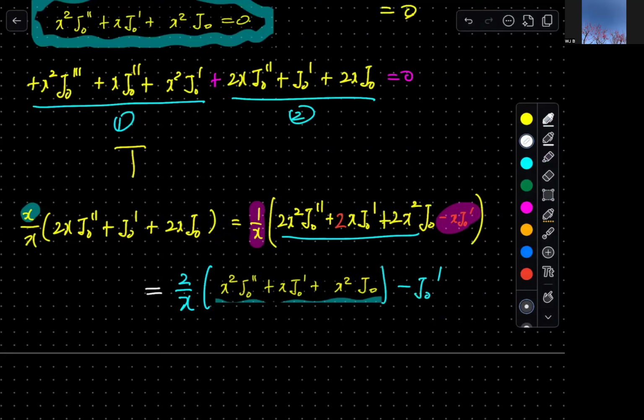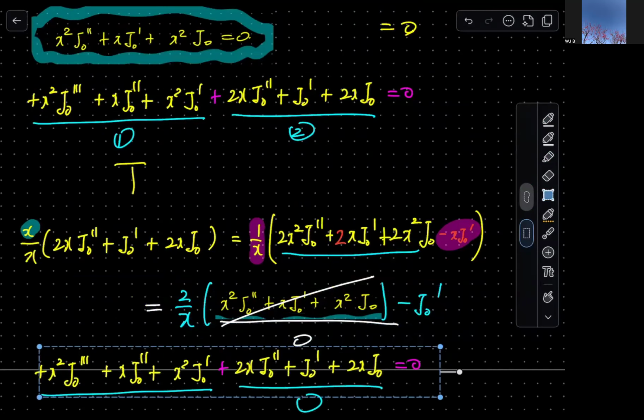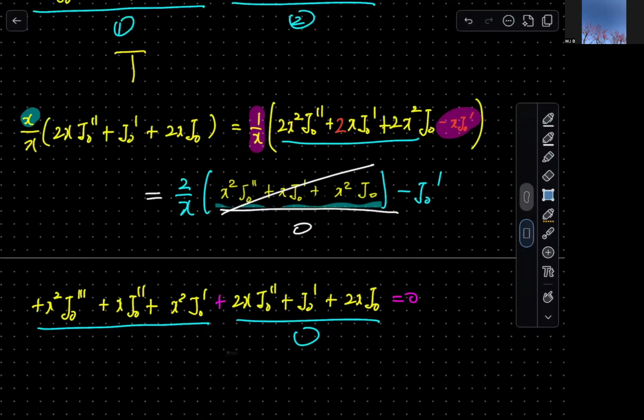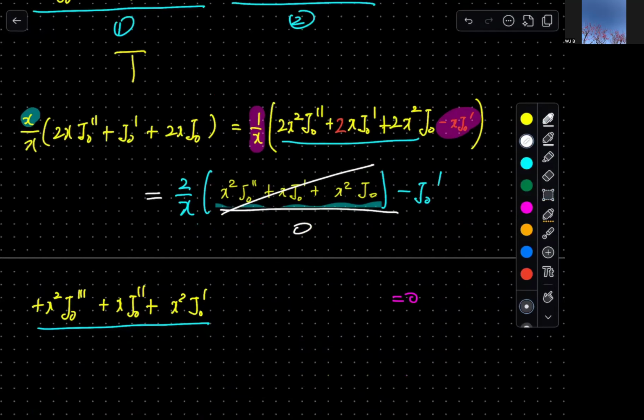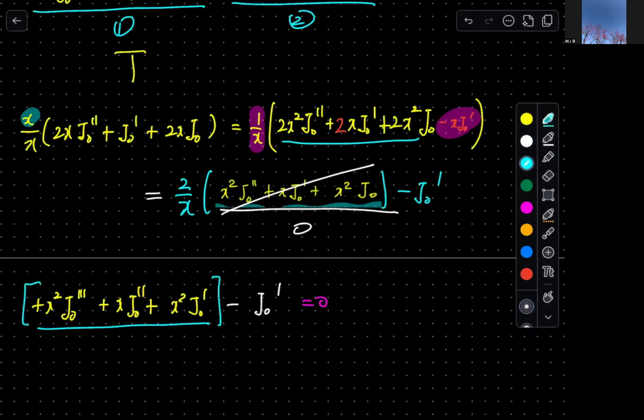Well, because of the given identity, the first 3 here will actually become 0. And I'm very happy with that. So we had the humongous terms here after the differentiation and product rule. But in fact, the last 3 terms will just give you negative J naught prime. That is great. So what you can do now is that this is the term we have, and my enemy is the first 3 terms.